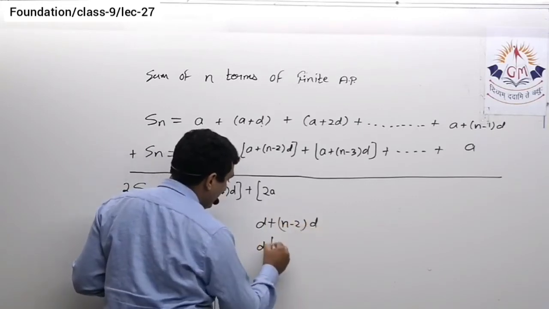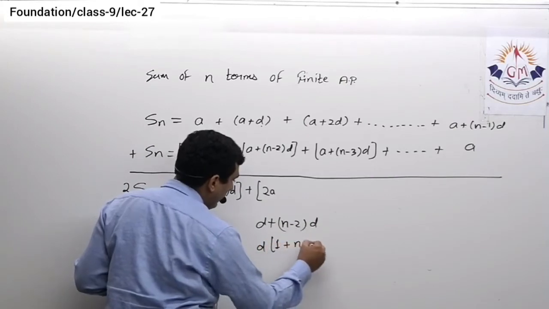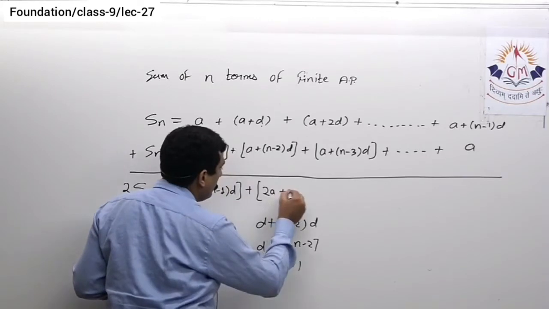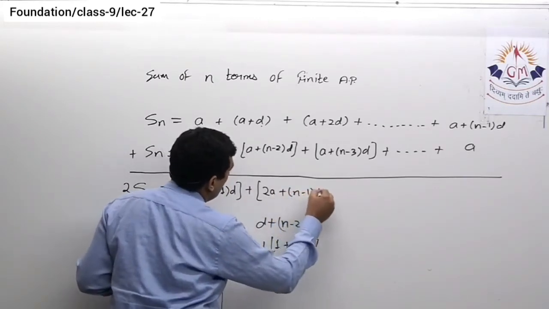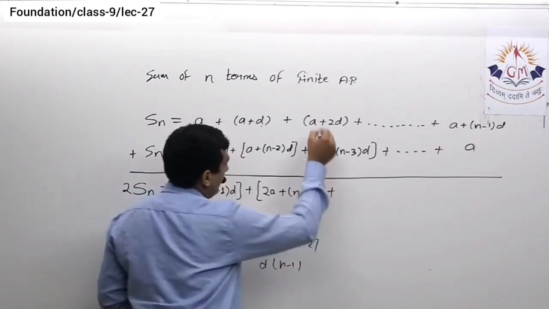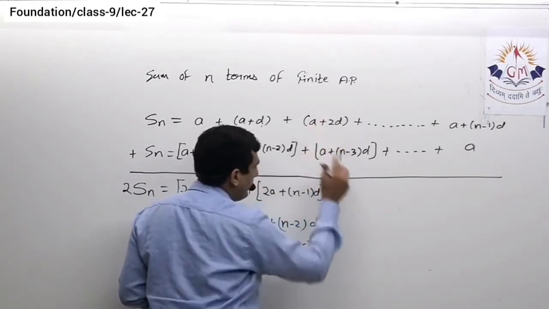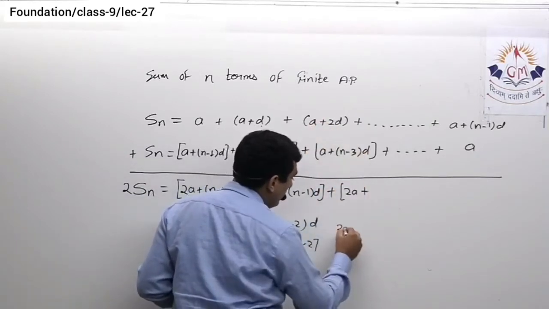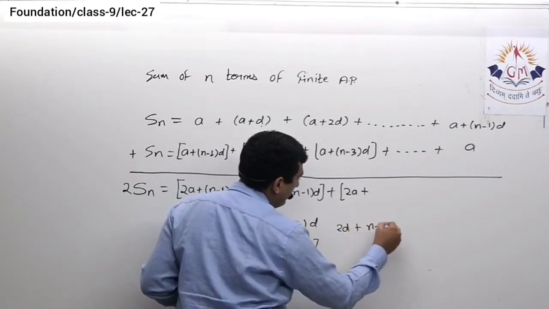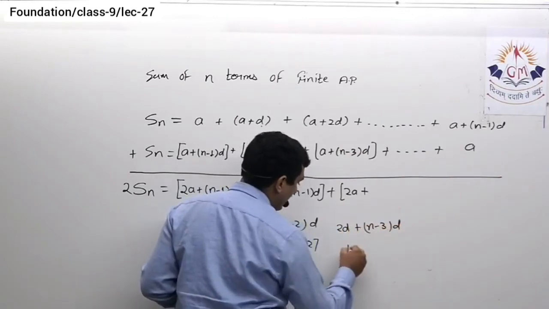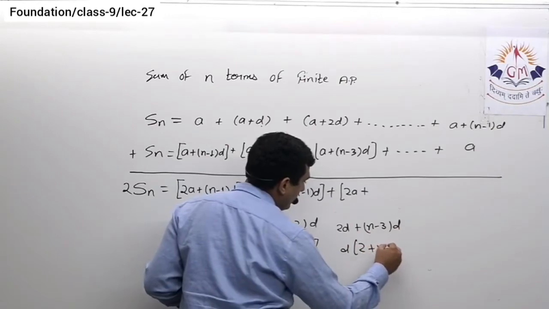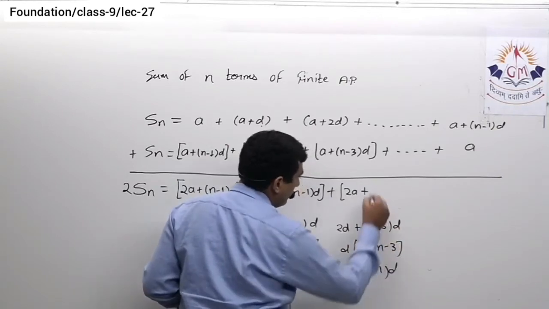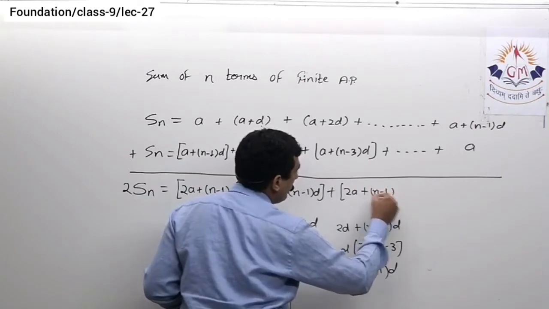That means if I take D common, 1 plus n minus 2, ultimately I will get n minus 1 into D. Similarly, if I add the terms over here, A plus A, again 2A, and over here 2D plus n minus 3D. Now if I take D common, 2 plus n minus 3, that is n minus 1 into D. So again I will get n minus 1 into D.